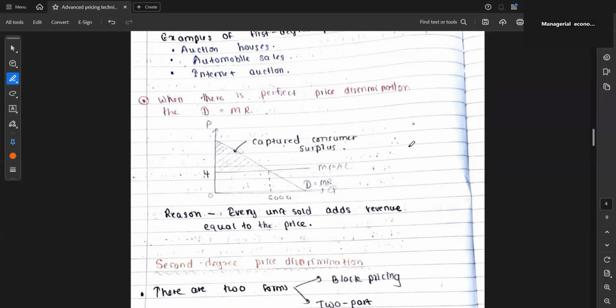So in the earlier scenario, there was a separate marginal revenue curve and a demand curve. But here, the marginal revenue curve and demand curve are the same because for every unit sold, you're going to earn a revenue that is equal to the price of that unit sold.